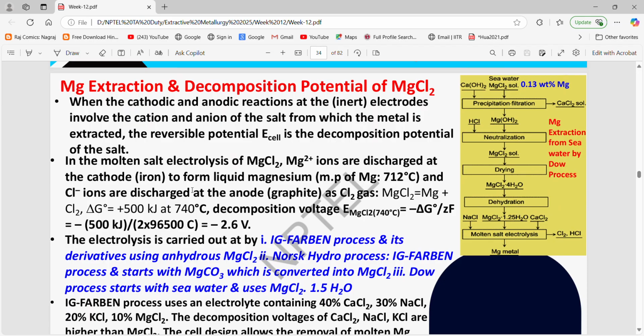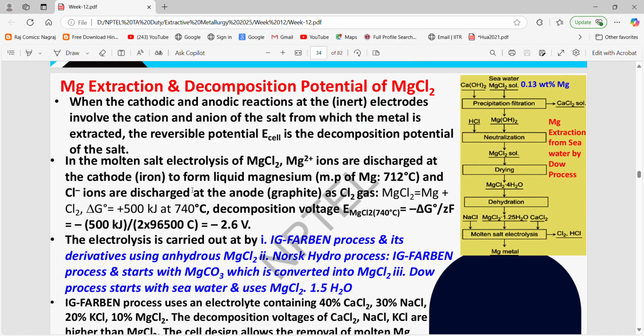This MgCl2 can be recovered from various sources: we can recover it from dolomite ore, or we can recover this MgCl2 from sea water or saline water, with the help of precipitation, filtration and neutralization, which is known as the Dow process for magnesium extraction from seawater.